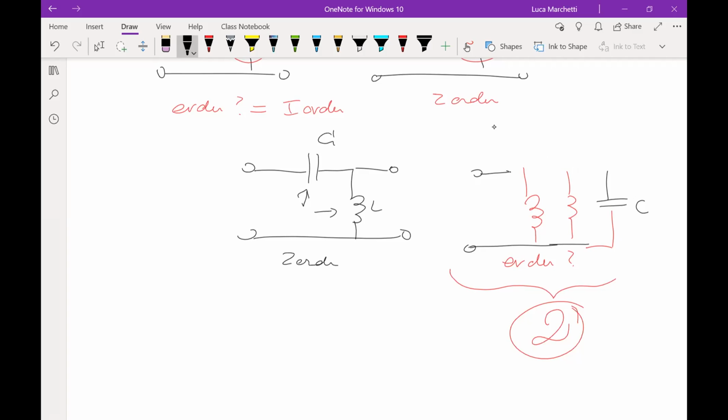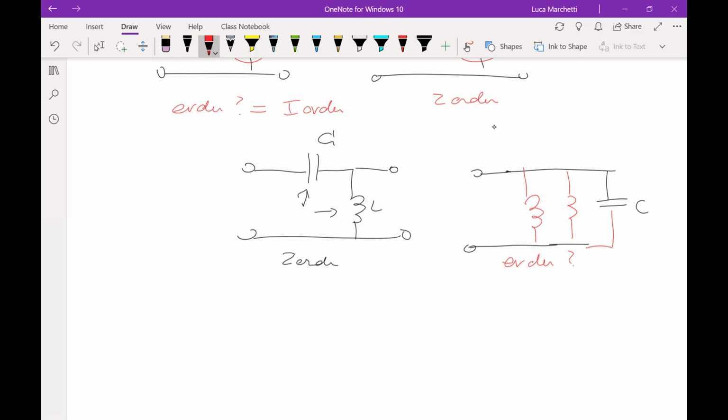Let me see the comment here. So if I understood correctly, the question is what will happen if we calculate the impedance of the two inductors and the capacitance.